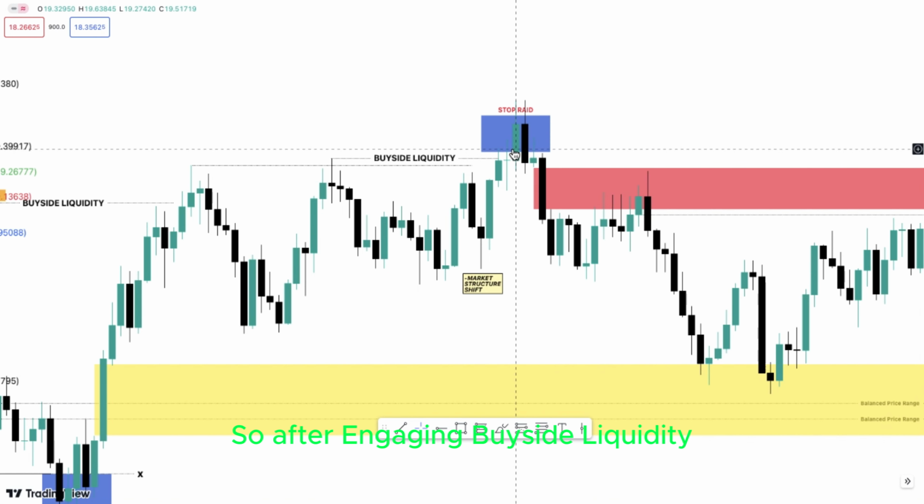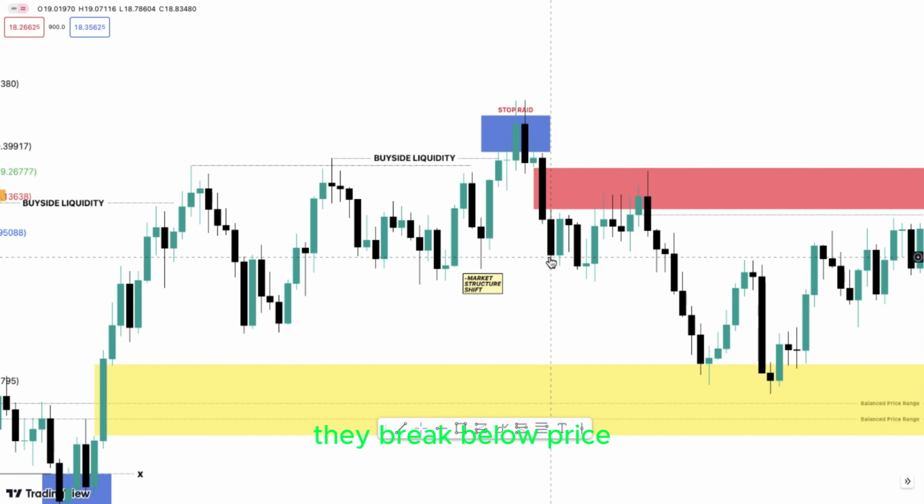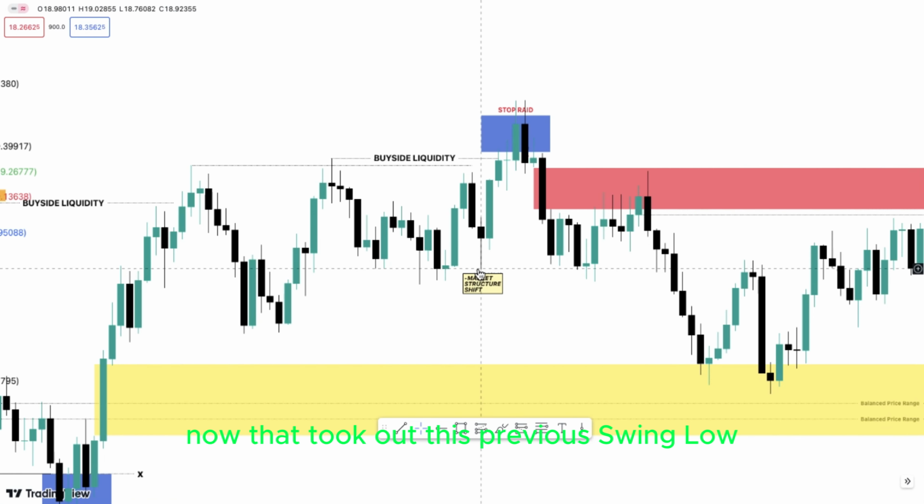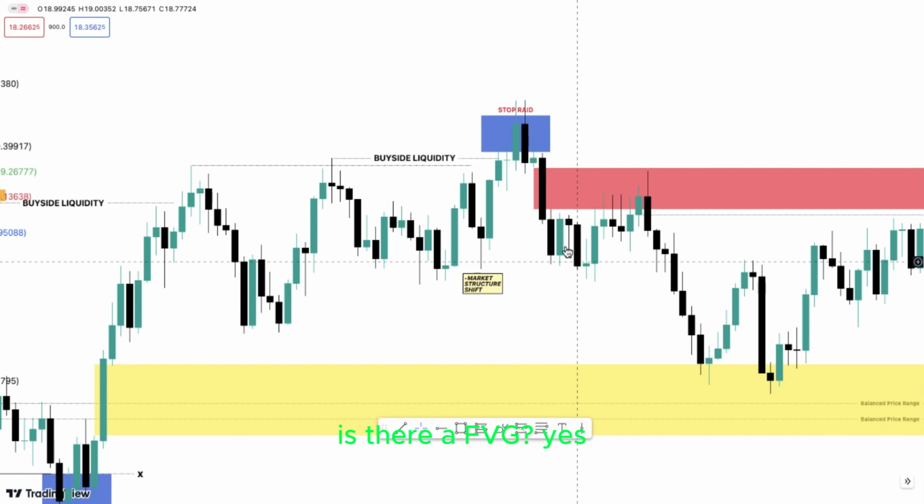So after engaging buy side liquidity, they break below price, swing low there, it gets traded through. Here is the fair value gap in the displacement leg. In other words, from the high there to the low that took out this previous swing low, is there a fair value gap? Yes, there is here.